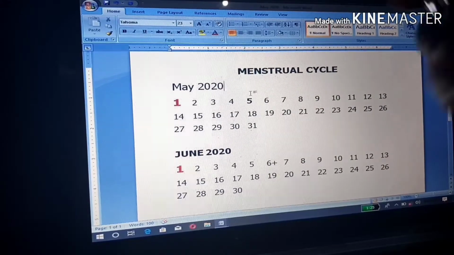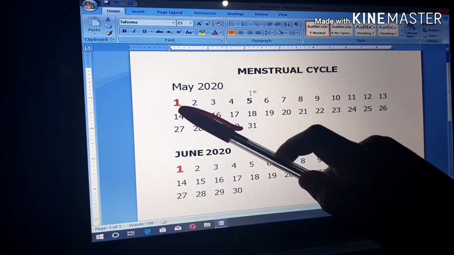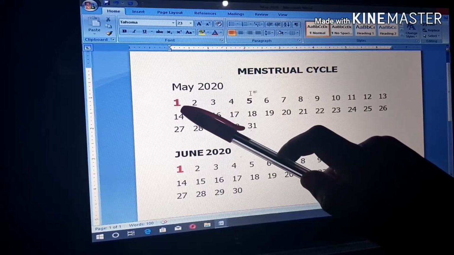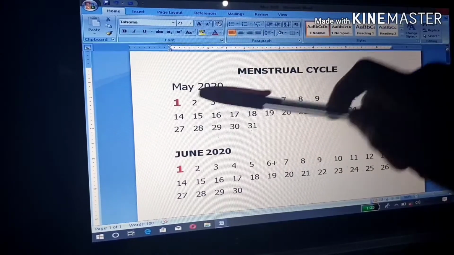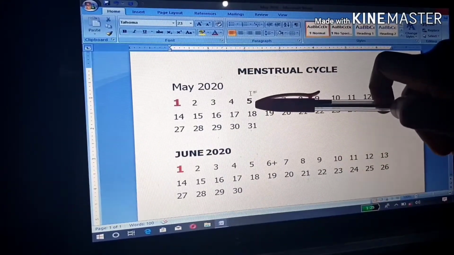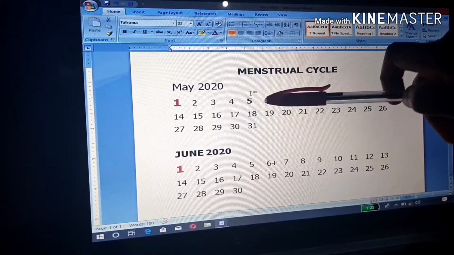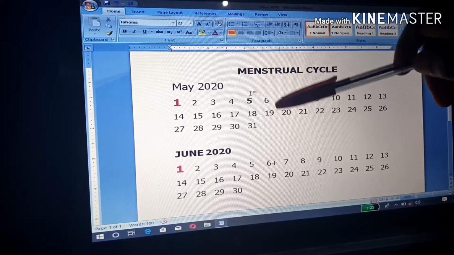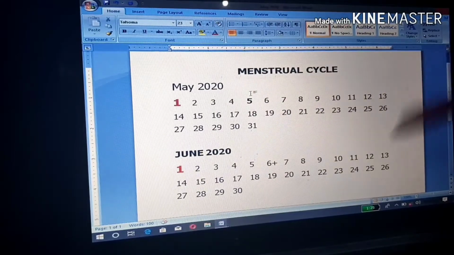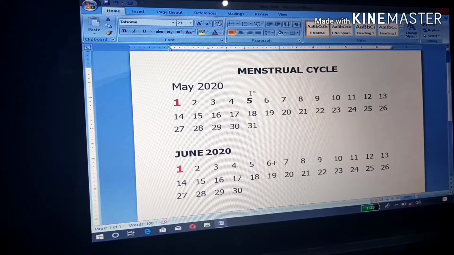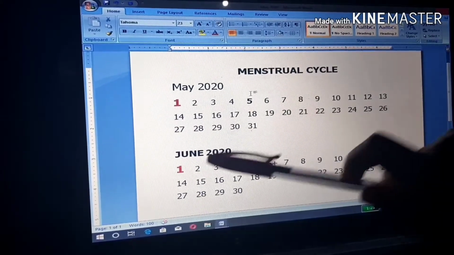Now, for example, if you started seeing your menstrual flow on the 1st of May, you just write it down somewhere, 1st of May, and then maybe it ends on the 5th. Leave it there and go your way. Other things in your reproductive system start taking place until the next month when you will see your next menstruation. Now, let's say in the month of June, you started menstruating again on the 1st of June.